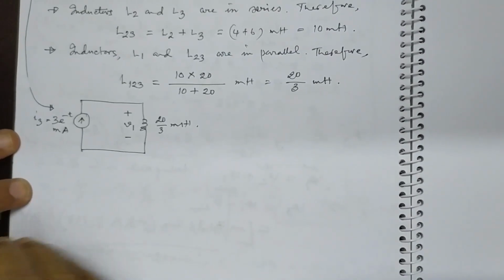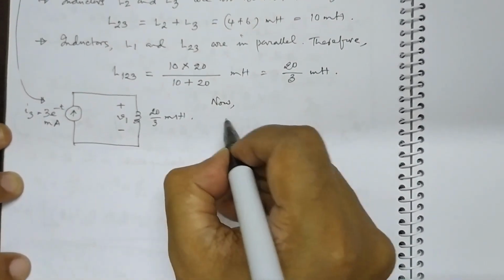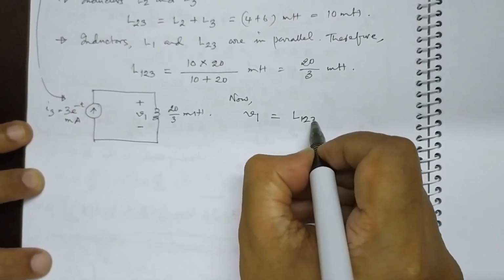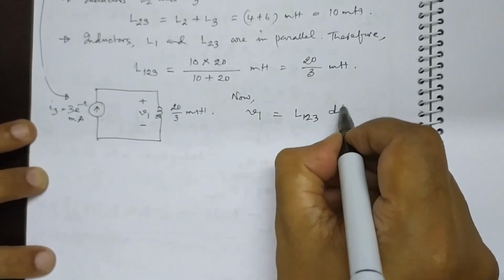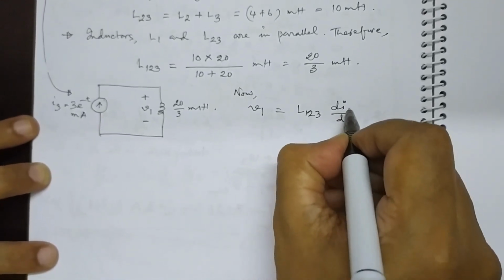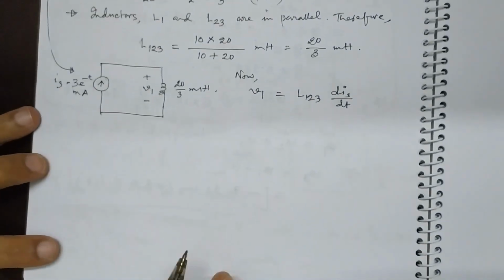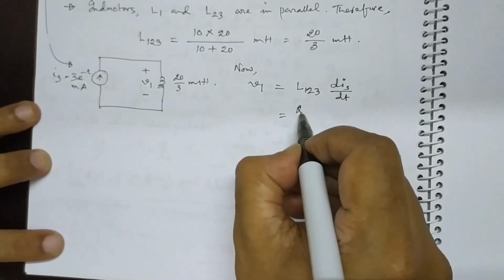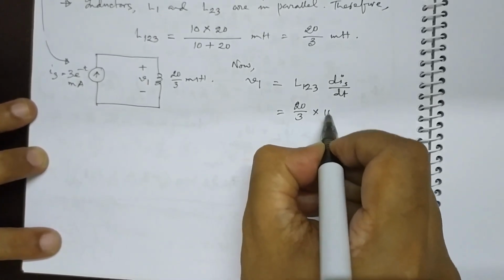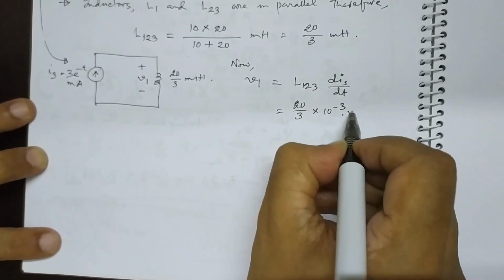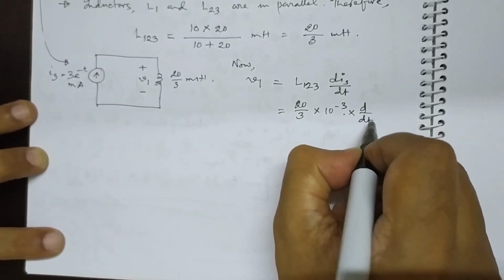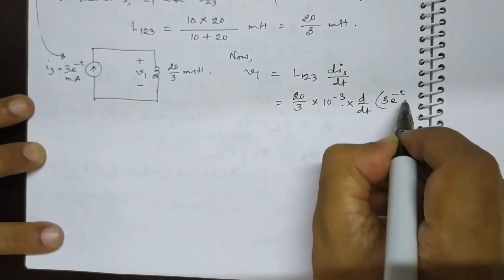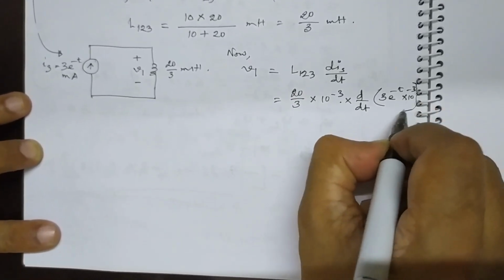So to find V1, V1 is equal to L123 into di by dt, where i is equal to Is. Okay, so we can write 20 by 3 into 10 to the power minus 3 into d by dt of Is, where Is is equal to 3 e to the power minus t into 10 to the power minus 3.